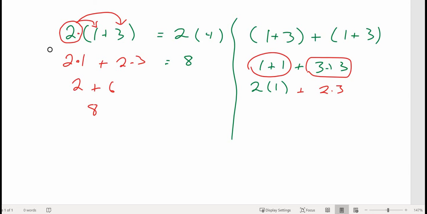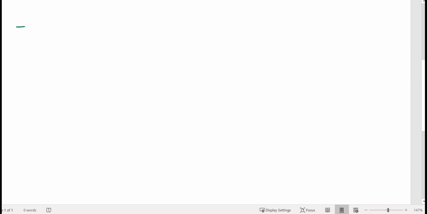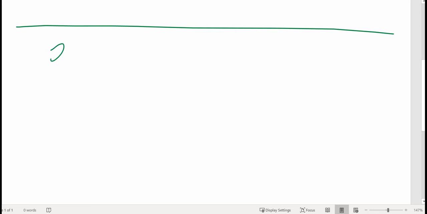But that doesn't work if we rearrange the multiplication and addition. So if we had something like 2 plus 1 times 3, and we just switch where those are at, if I try to distribute, I have to take that 2 plus and attach it to each of these pieces that are in here.